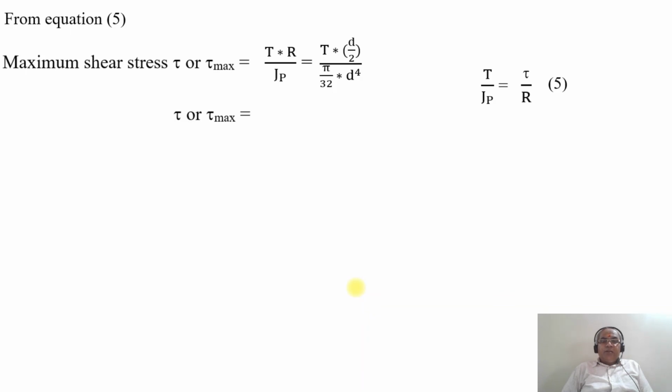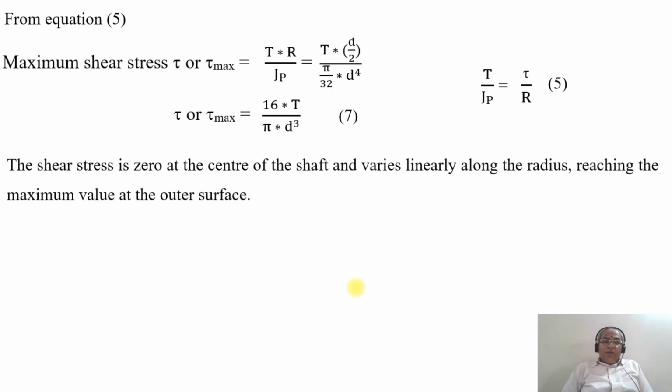Tau maximum will be equal to 16 into T by pi d cube. Call this equation 7. Therefore, the shear stress is 0 at the center of the shaft and varies linearly along the radius, reaching the maximum value at the outer surface.